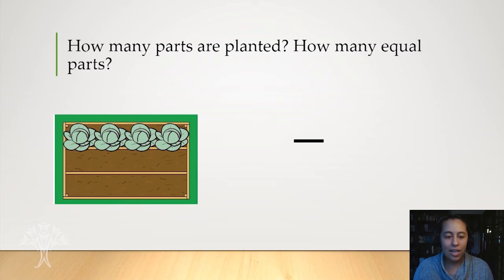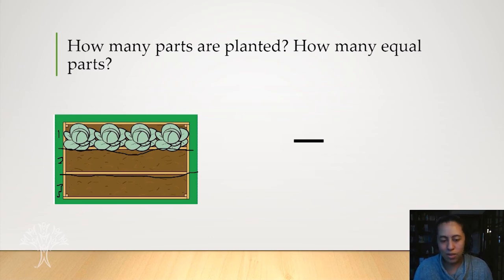If I look at where the lines are on the garden bed, I see a line right here and a line right here, breaking the garden bed into 1, 2, 3 equal parts. Now, how many of those parts is planted?